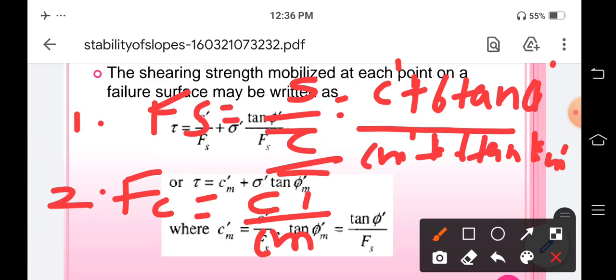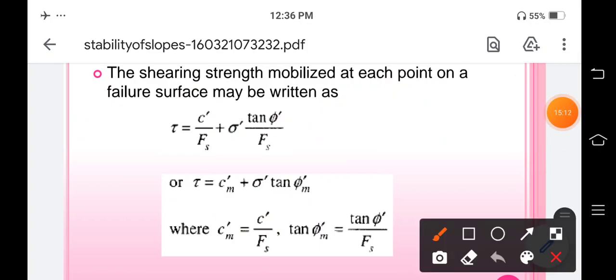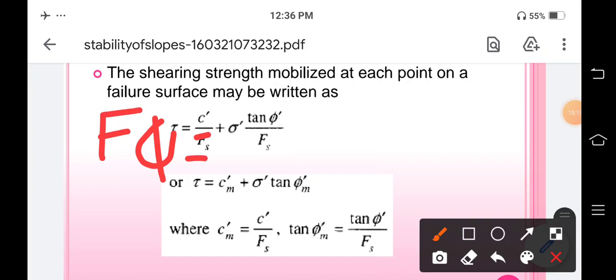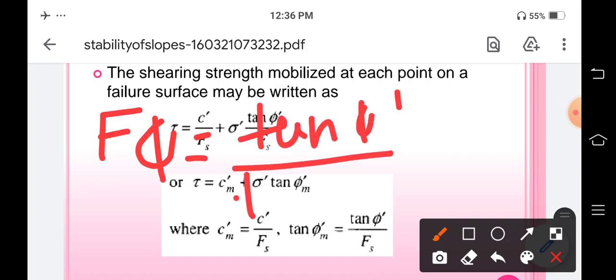Then the third factor of safety is with respect to angle of internal friction, which we can call F phi equal to tan of phi dash upon tan of phi m dash. That is the ratio of angle of internal friction with respect to effective stress to the mobilized value of angle of internal friction. Okay, this is the third factor of safety.